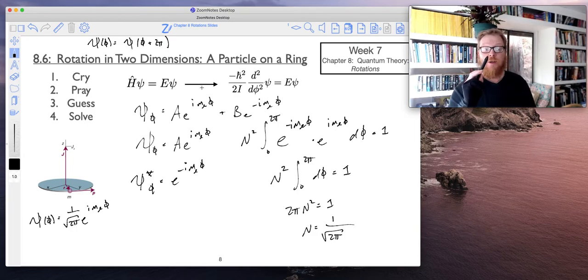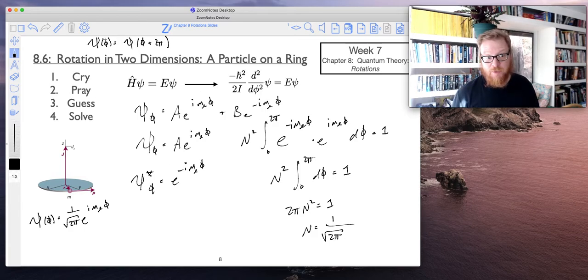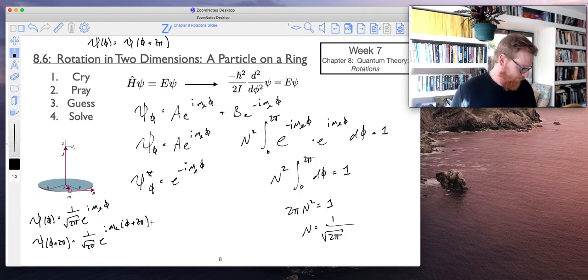In other words, the value of psi at phi, when it comes around and makes a full 2 pi loop, those two values have to be equal to each other. So I've got this psi of phi, but now if I write psi of phi plus 2 pi, that's going to be 1 over root 2 pi e to the i m_l times phi plus 2 pi.